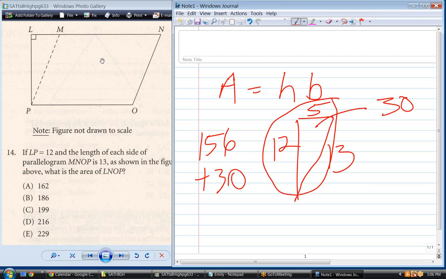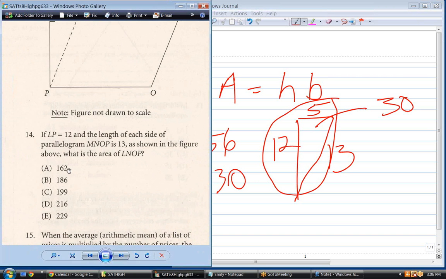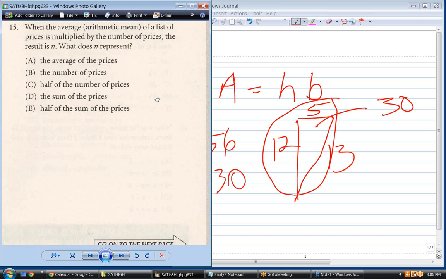When I first looked at this, I was going to answer A, which is the area of the parallelogram. But you have to add the area of that little triangle. And I just assumed that 162 had to be it because what could 12 times 13 be? But I was wrong.